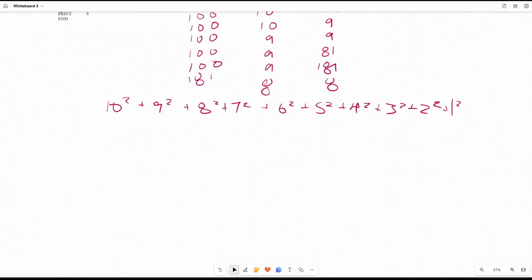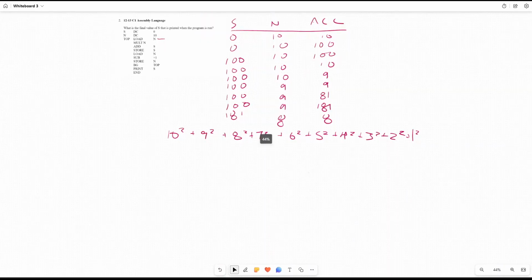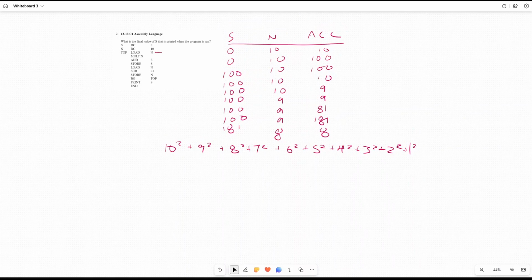Okay, and I'll go ahead and do this out. We're going to be getting 100 plus 81 plus 64 plus 49 plus 36 plus 25 plus 16 plus 9 plus 4 plus 1. And I'll go ahead and punch that into my calculator. And that gives a final value of 385.